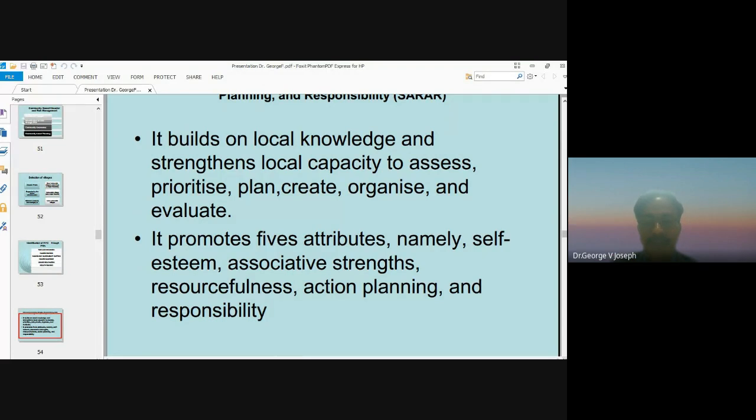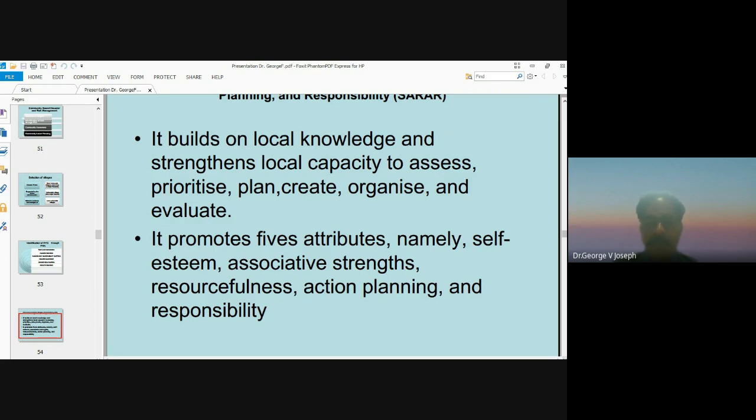One is self-esteem, where they identify what strengths they have and what the strong areas are. Then associative strengths in the community: what type of social capital is there, and what resources they have. Then they go for planning as far as risk reduction is concerned.